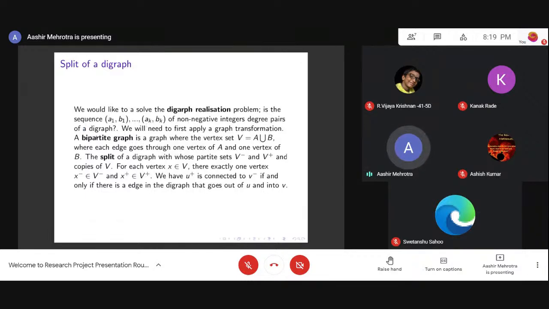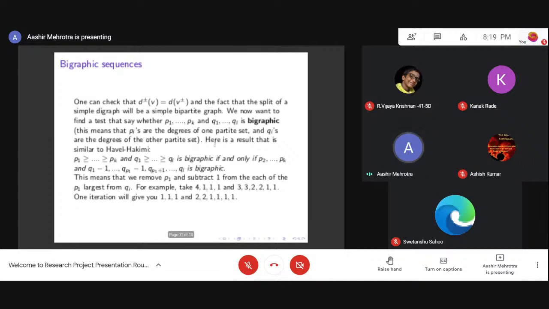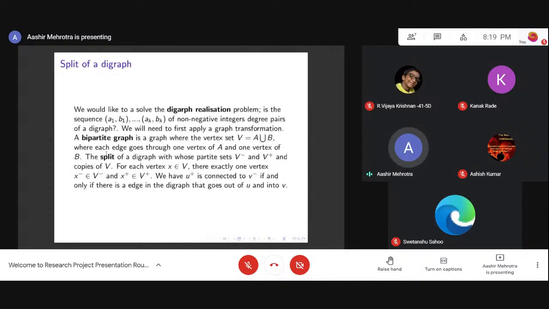A bipartite graph is a graph where you have two partite sets, and every edge goes from one partite set to the other partite set. The split of a digraph is what you do: you have two partite sets, and for each vertex v there are two copies, v minus and v plus.